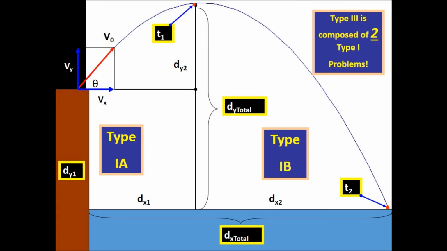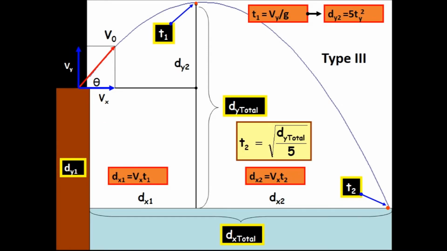Now, just keep in mind that it is the T1, dy2, dy1, Vx, dx1, dx2, Vx, and Vy, and keep those quantities straight in your mind relative to your equation sheet, and this should be fairly simple to do. Now, you can also work backwards. If you're given the times, you can work backwards. If you're given dy total, you can work backwards. T1 equals Vy over g, as we stated before.